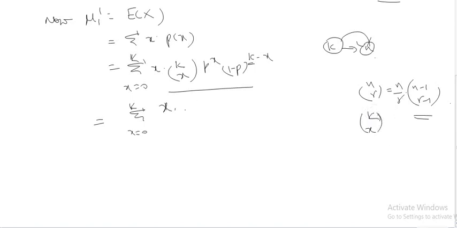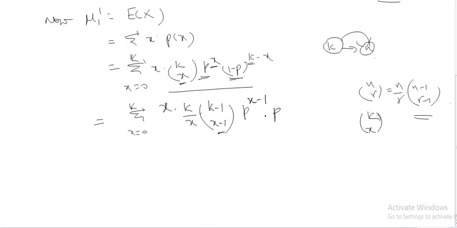Now just replace it: k by x into (k minus 1)C(x minus 1). So now here it becomes x minus 1, so write it in terms of x minus 1. So p power x minus 1 into p, I am going to write, for the sake of convenience.